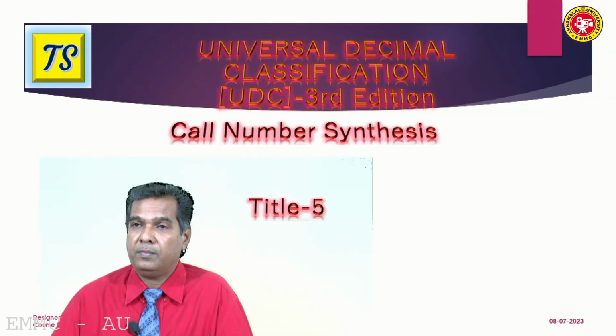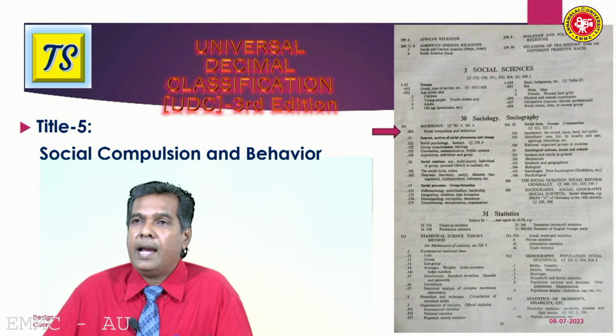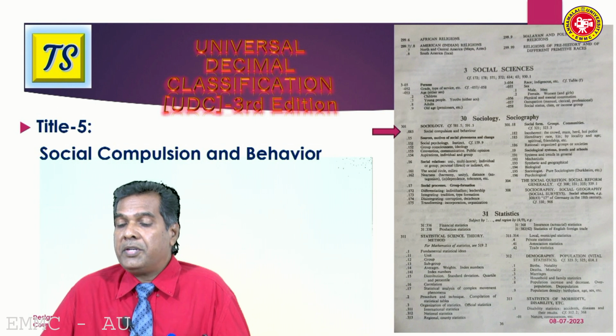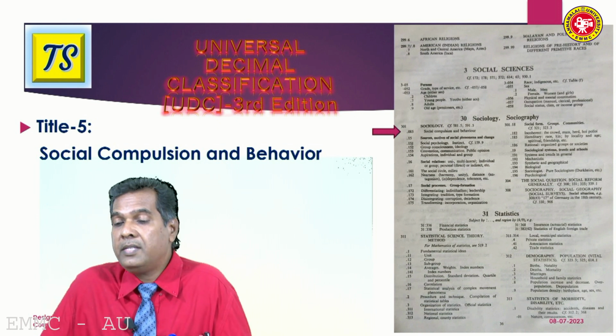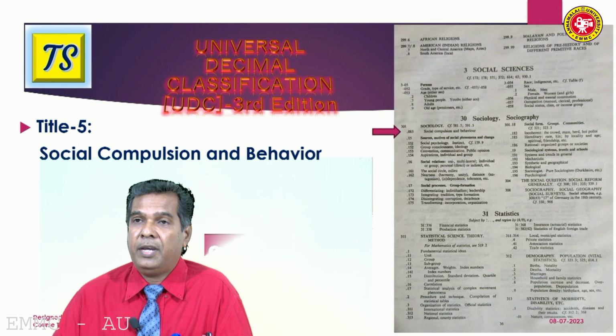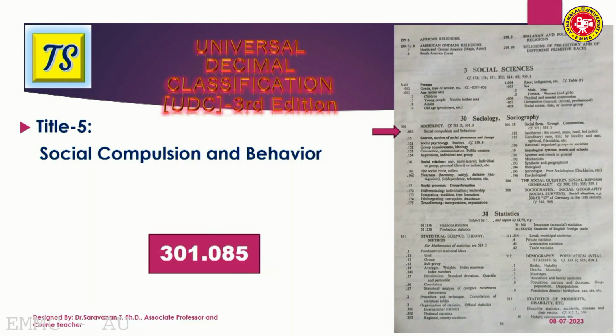Title 5. Social compulsion and behavior. See the schedule and go to page number 36, where 30 refers to sociology and sociography. Under 30 sociology, you can find the number like this: 301.1.